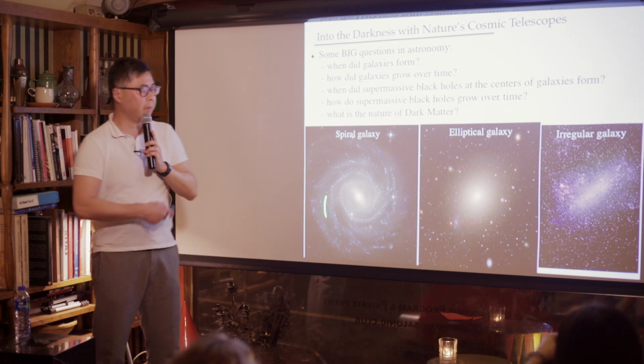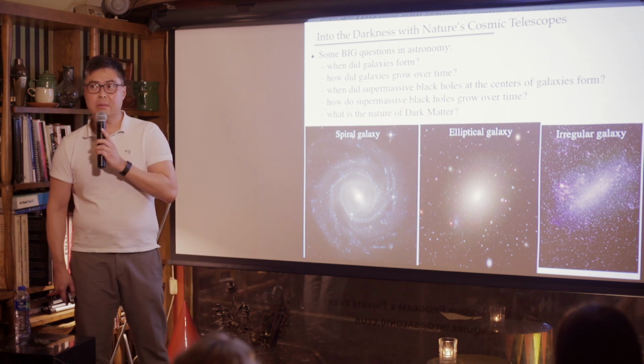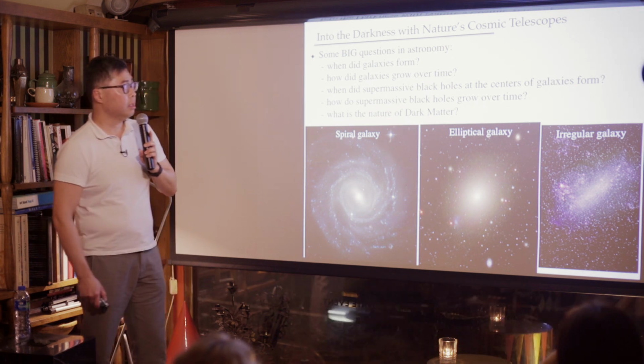How does it know about the space around it? We don't understand that. So what we'd like to know is when the supermassive black holes first form, and then how do they grow over time?